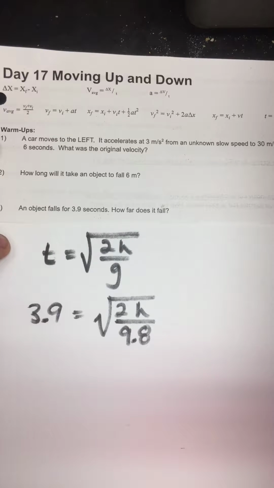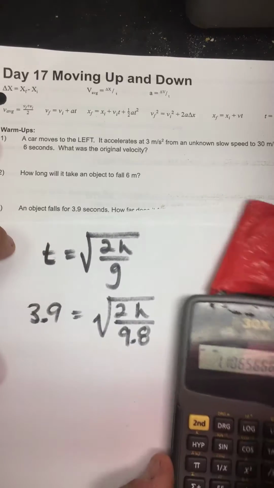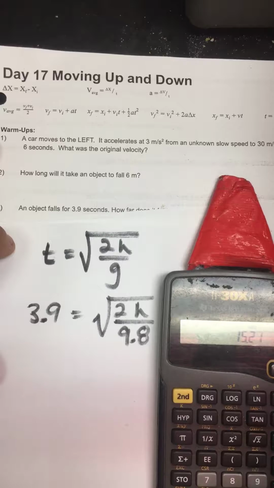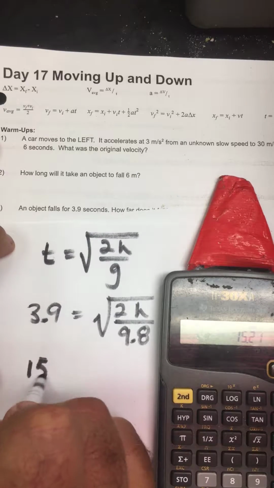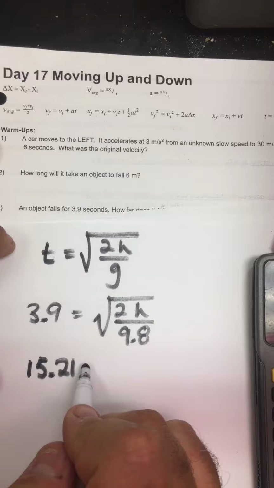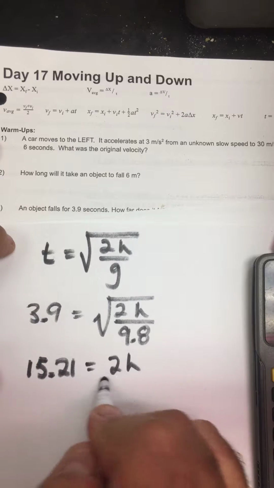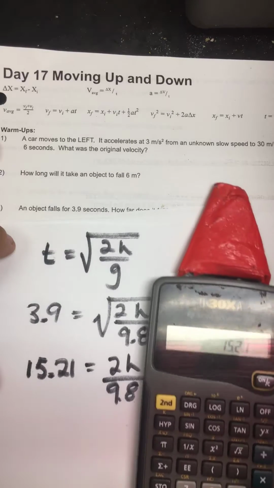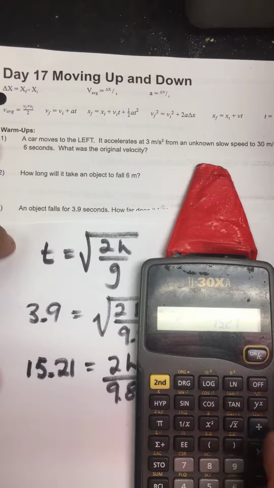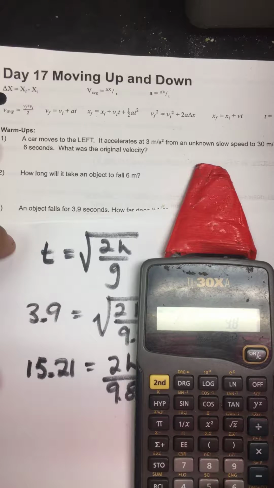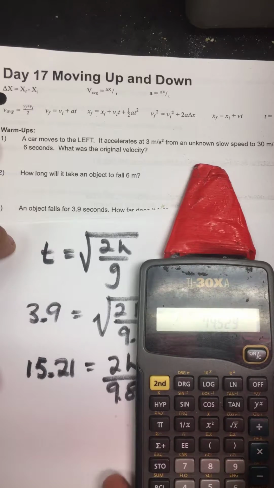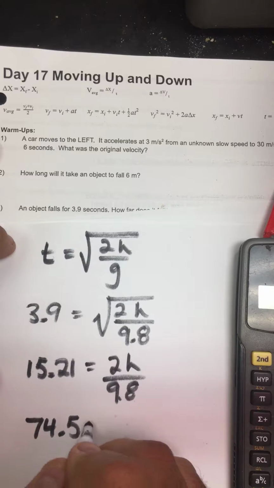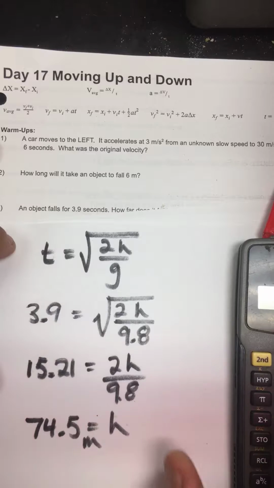The first step is to square the 3.9, and we get 15.21. Since we squared both sides, the square root disappears on the right-hand side. I'm now going to take that 15.21, multiply by 9.8 and divide by 2. I get 74.5, and that will be in meters.